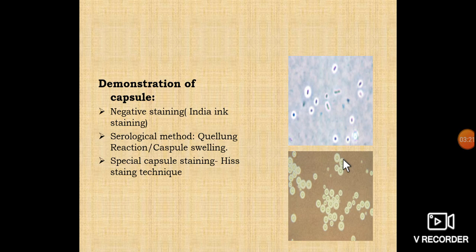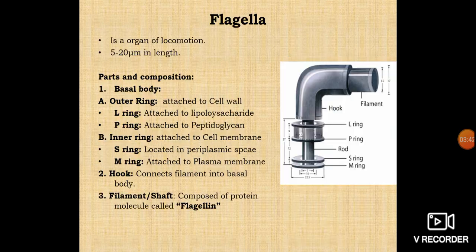Here, the bacterial capsule has an antigenic property. When the capsulated bacteria are mixed with anticapsular antibody, and then mixed with methylene blue and seen under the microscope, swelling of the capsule can be seen. And special capsule staining techniques can also be used, like Hiss staining technique.